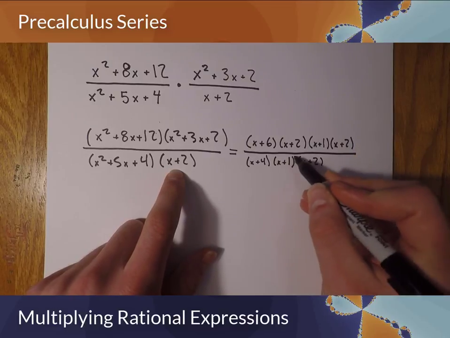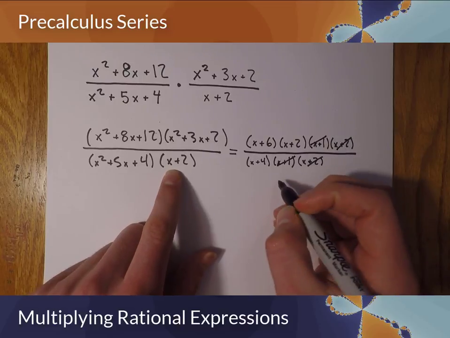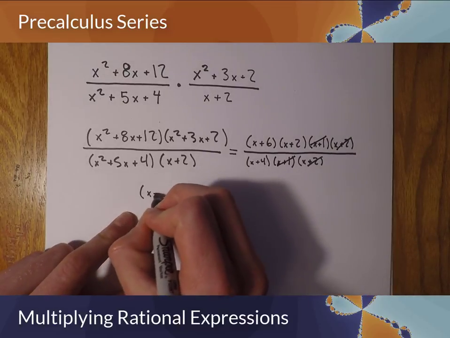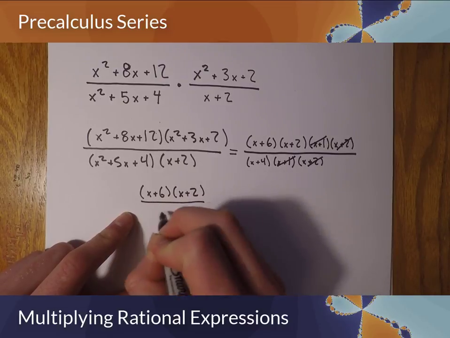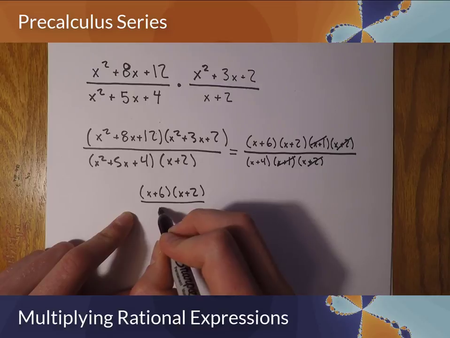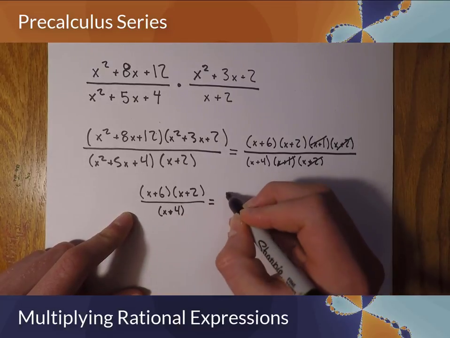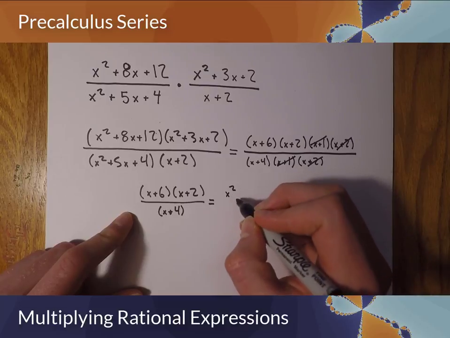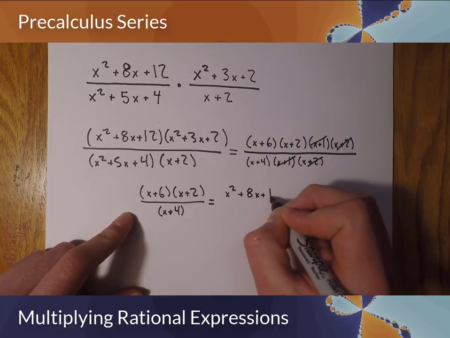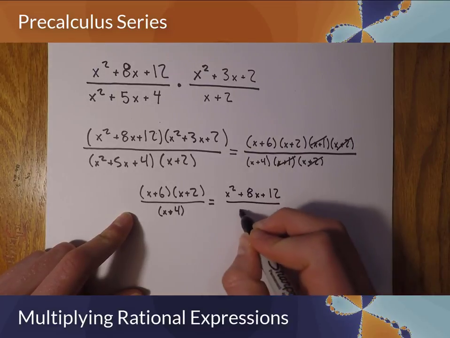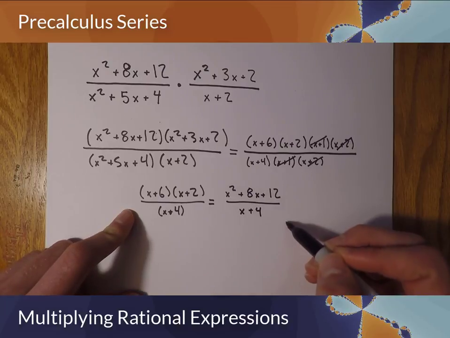So we can cancel out x + 1 and x + 2 on the top and the bottom. Now we're left with (x + 6)(x + 2) over (x + 4) as our final solution. And if we want to expand that, it looks like (x² + 8x + 12)/(x + 4). So that is the solution right there.